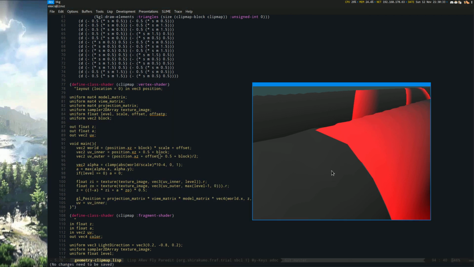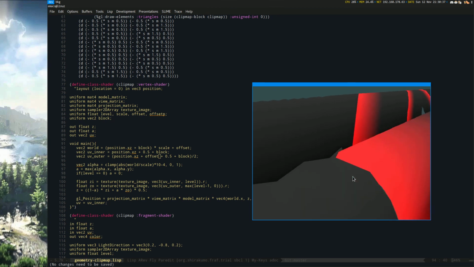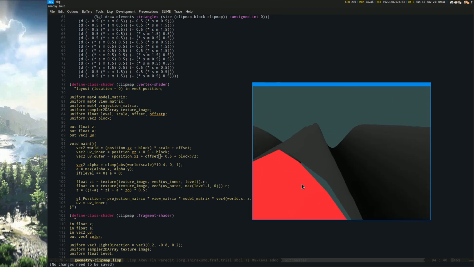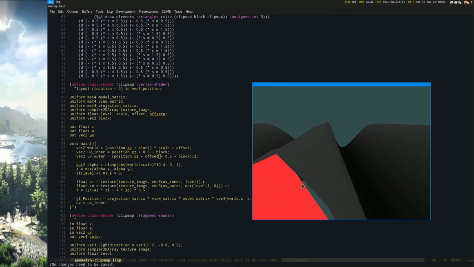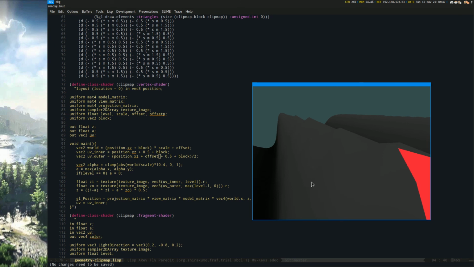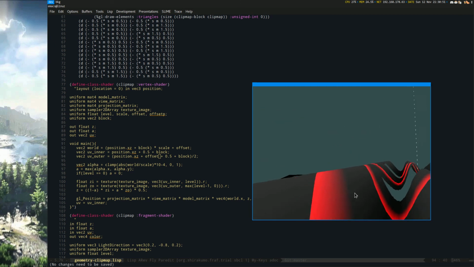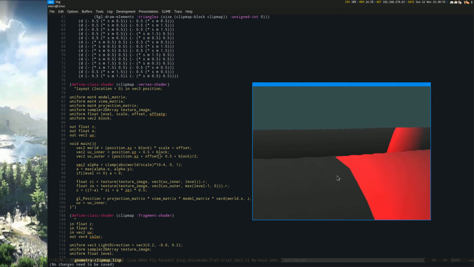Okay. Does that fit perfectly now? No, it doesn't. It fits better than before. I wish I had a better way to examine things.